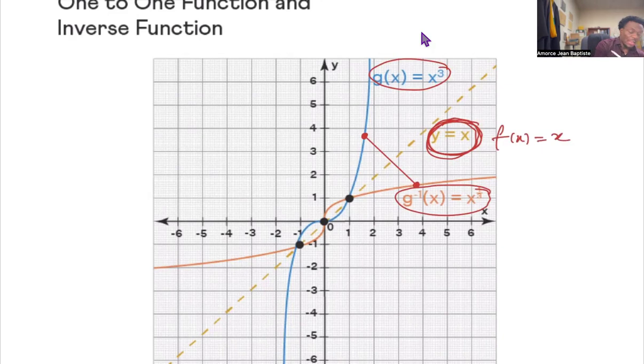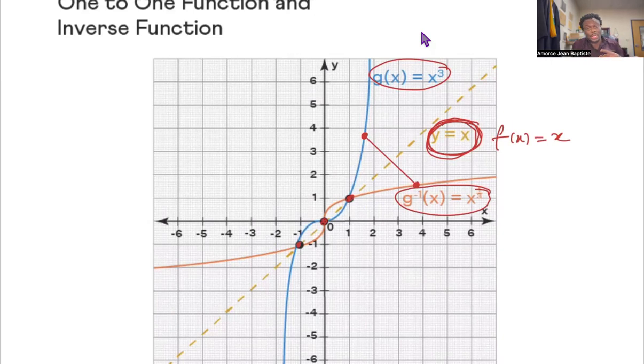And if they have to meet, they will meet on this line, y equals x. Every time they meet, they are expected to meet on the line y equals x. They may not meet, but if they have to meet, then they have to be meeting on the line y equals x. So that's the principle.